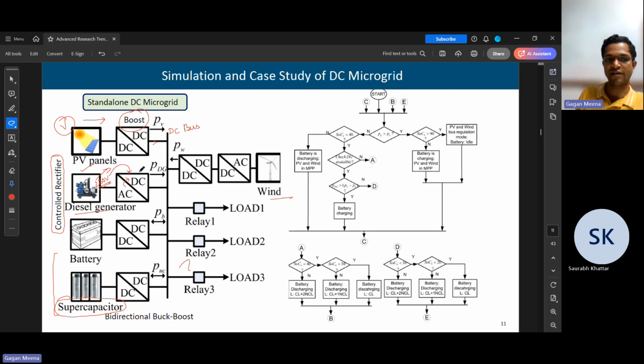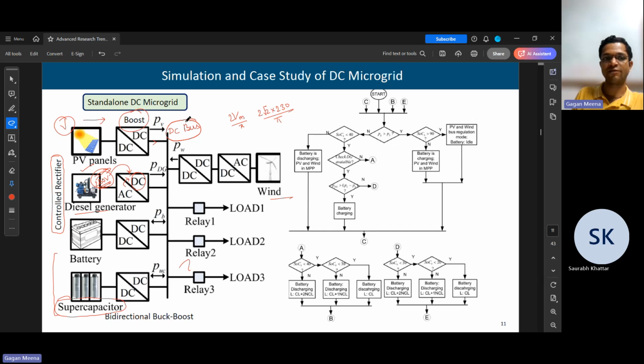And if we convert it into DC, then it will simply give us an equivalent voltage, 2Vm by pi. It will be 2 root 2 into 230 by pi. This will be the output here.